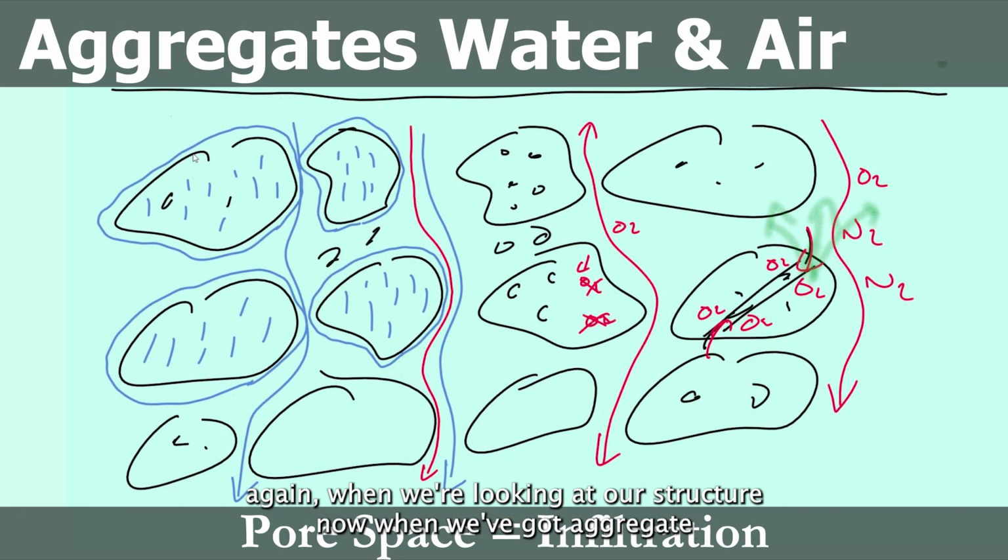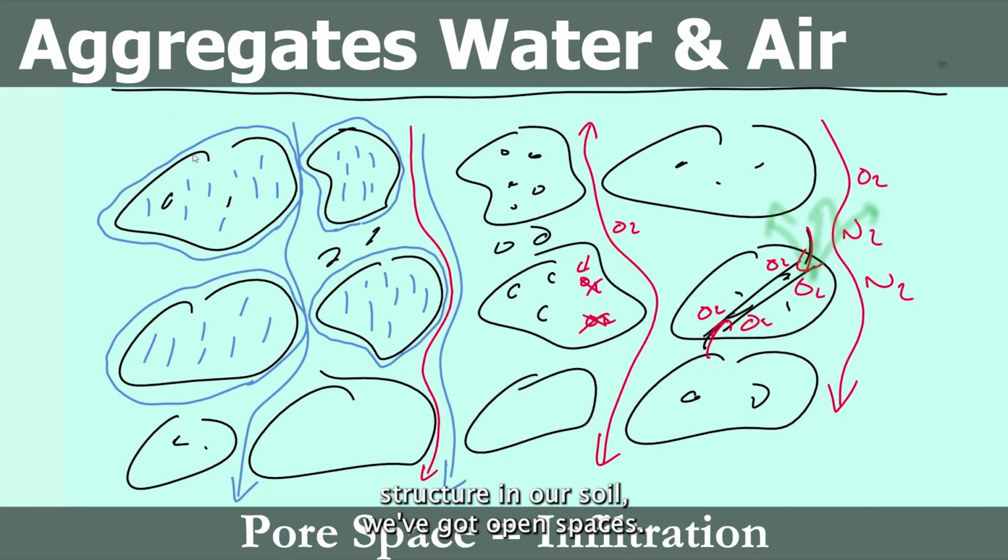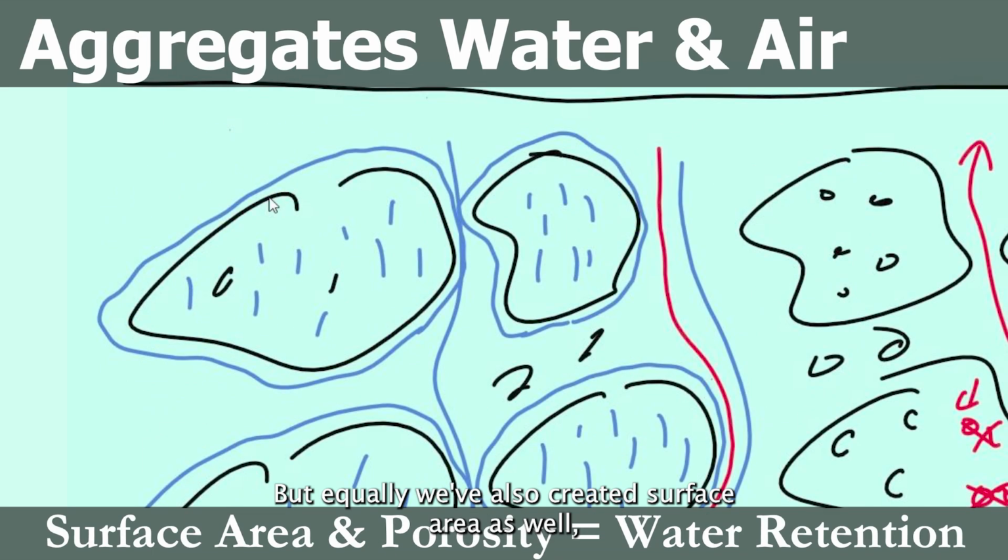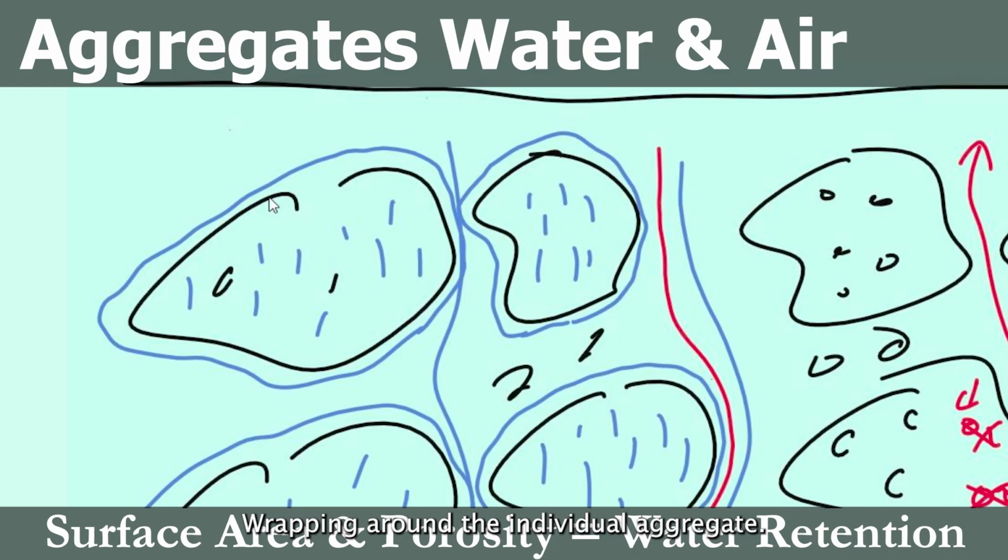Again, when we've got aggregate structure in our soil, we've got open spaces. That is essentially what gives our soil its porosity. That's what allows water to infiltrate, to percolate into it, like in coffee grounds. But equally, we've also created surface area as well. These rounded and bobbly structures are now places that water films can collect, wrapping around the individual aggregate.